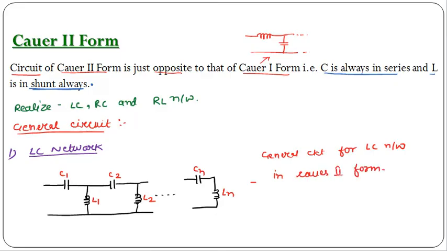Now let us see the general circuit for RC and RL network also. Now let us see for RC network. In case of RC network, it will consist of resistor and capacitor, and we have seen that in the Cauer second form capacitor will be present in series, resistor has to come in the shunt branch.